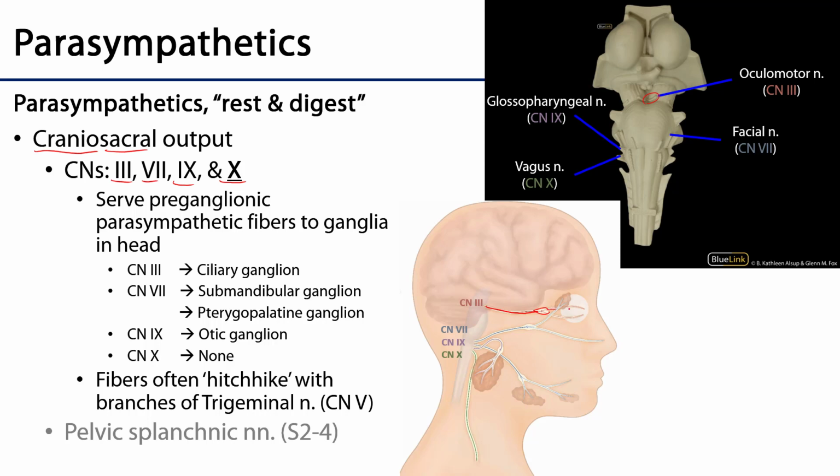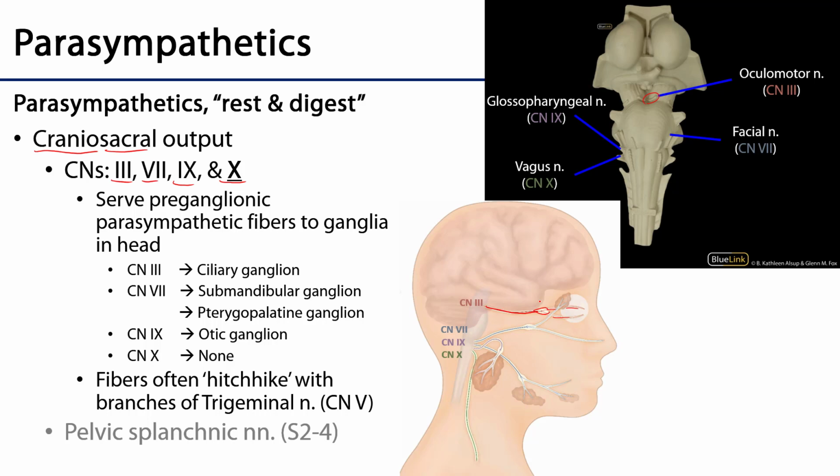So we can see that going out through there. So things like the sphincter pupillae muscles of the eye and the ciliary muscles of the eye to accommodate the lens for accommodation are a function of cranial nerve 3.